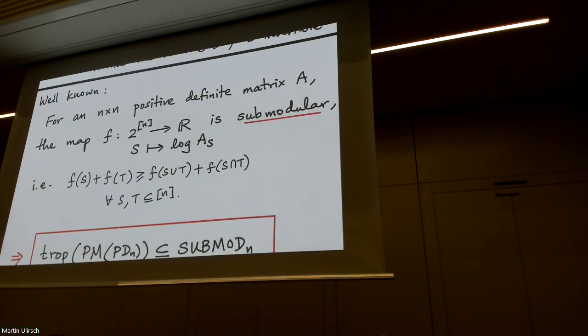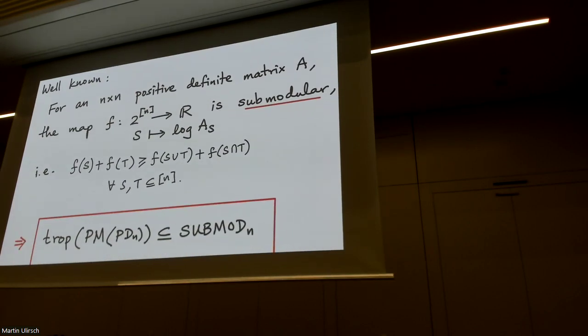It is well known that if you have an n by n positive definite matrix, then the map that takes the index set to the logarithm of the principal minor, the log principal minor map, is submodular. Submodular means that it satisfies the submodularity inequality. This also shows up in matrix theory, like the matrix rank function satisfies this.